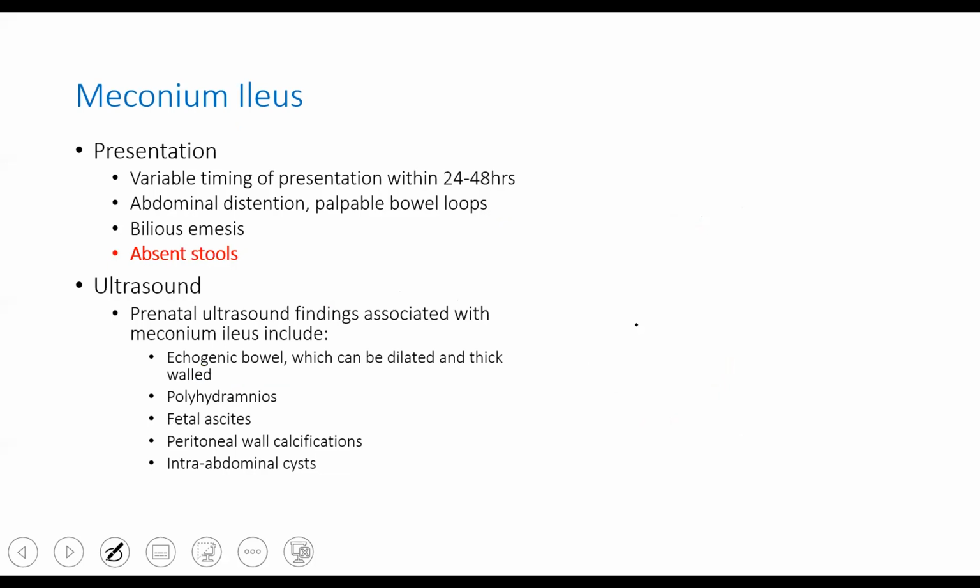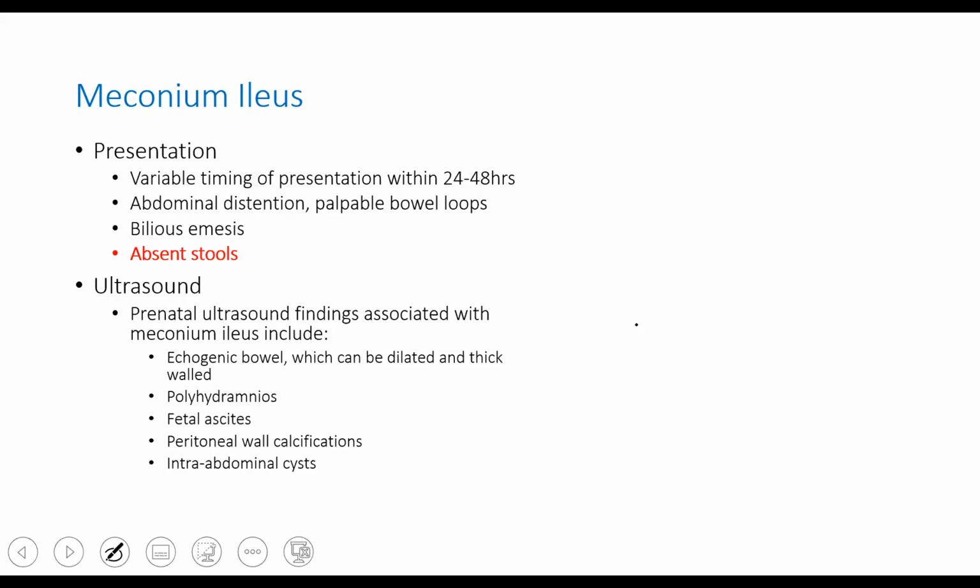Usually they present early. The baby is going to be sick at 24 to 48 hours of life, with absent stool and bilious vomiting. And why bilious? Because of the obstruction distal to the ampulla of Vater, which is the second part of the duodenum where the bile is secreted. Plus or minus, the baby might present with abdominal distension if late presentation, but sometimes the baby presents with just bilious vomiting and absent stool.